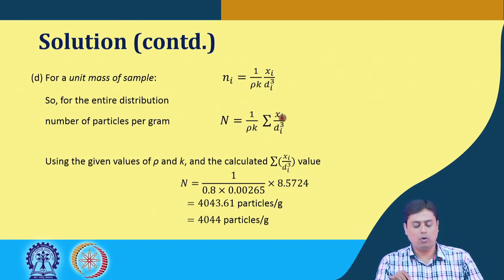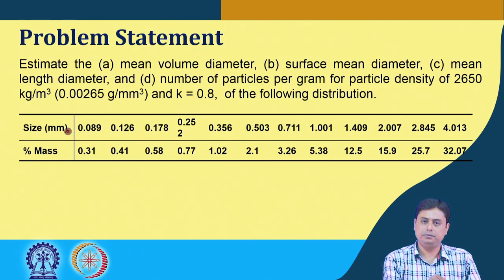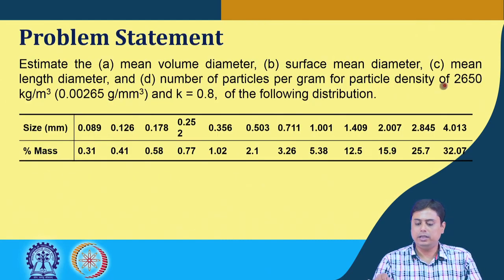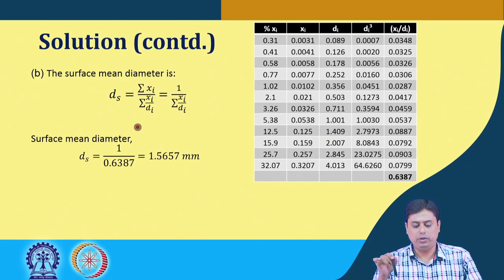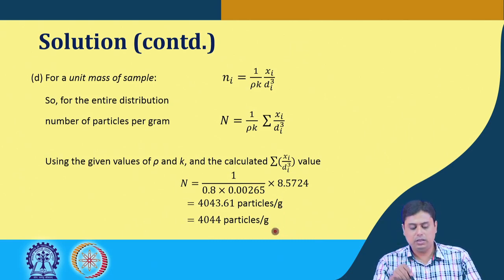The values of di are given in millimeter, but the density was given in kg per meter cube, which could have been converted to gram per millimeter cube. If we do that, then we can directly write this expression and find out the number of particles per gram, per unit mass. This is the total number of particles in that mass.